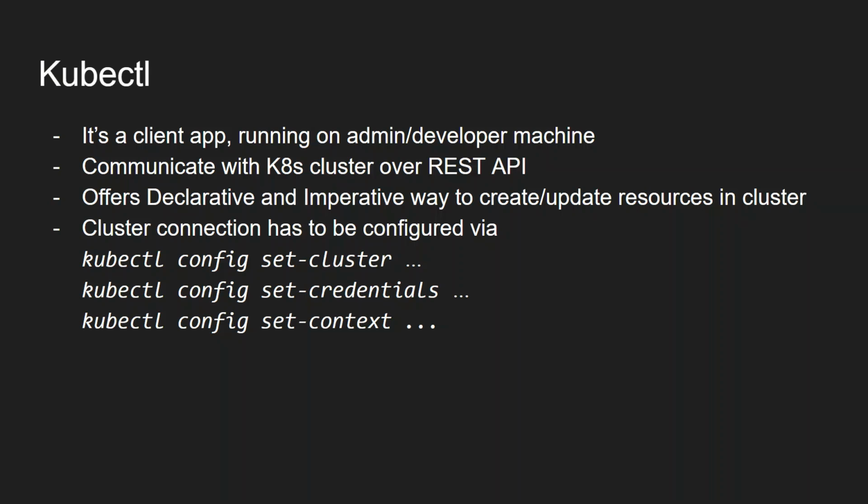What it does is connect to the API server, which is running in Kubernetes in the master nodes, and translate the commands we put into the command line to API calls. Then over the API calls, Kubernetes creates resources or responds with some data.